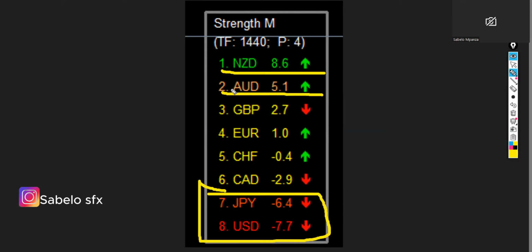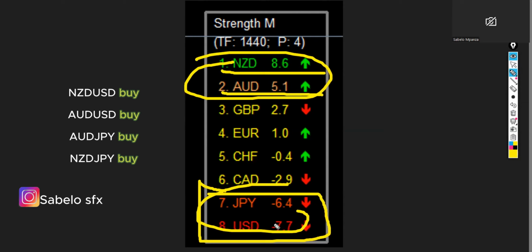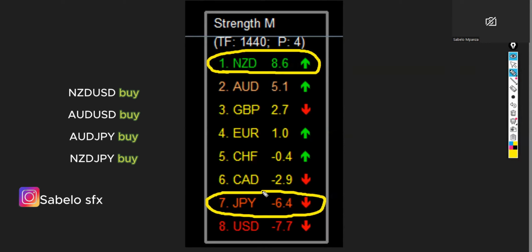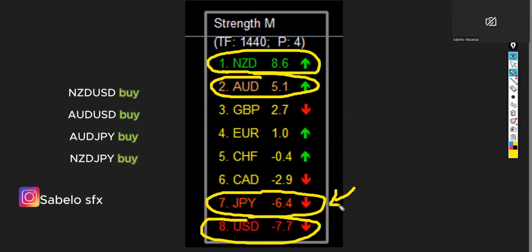So we're going to buy these against these. For example, today I was looking for a buy on NZD versus JPY, and also NZD versus USD. I also took a buy on AUD versus JPY, and also I was looking for a trade on AUD versus USD.